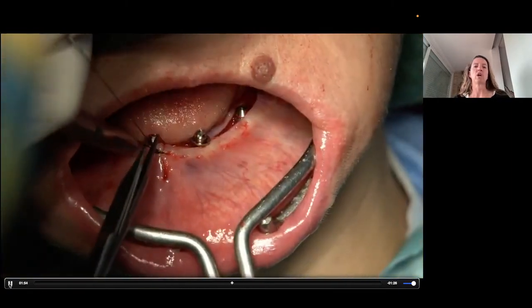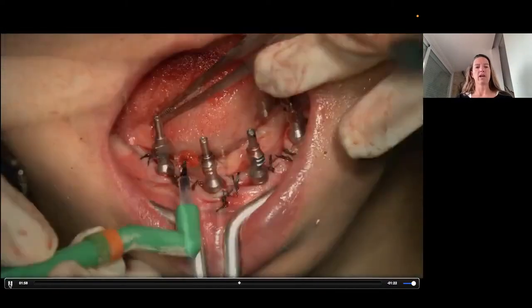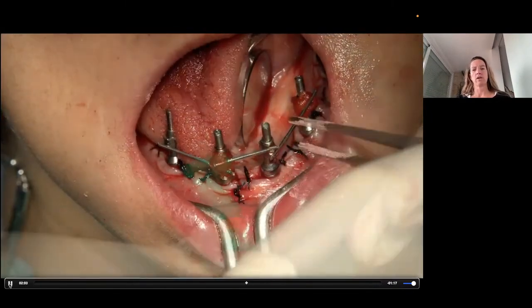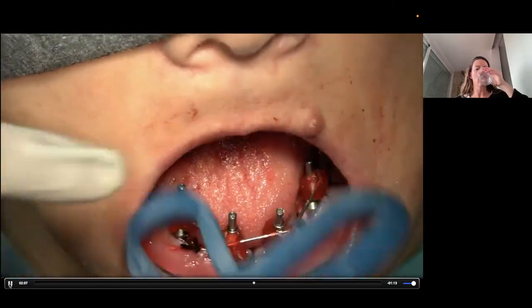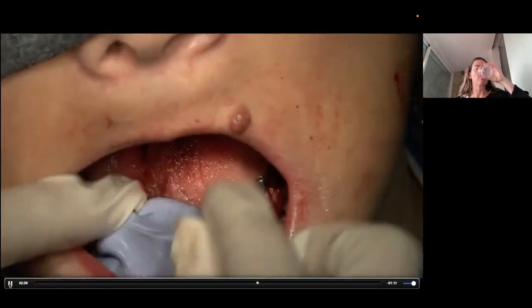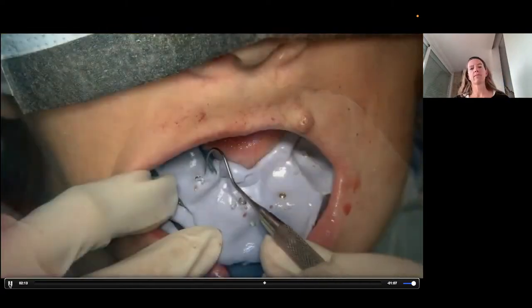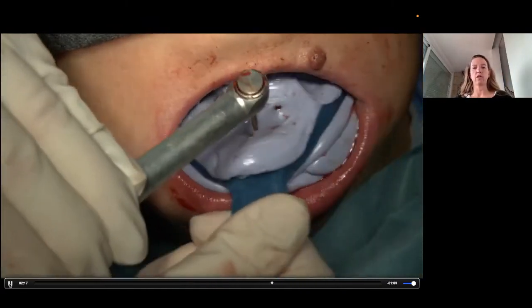We suture everything very well, and then we make an impression using our impression copings. We make again a verified impression, as you can see. And then it goes to the lab.